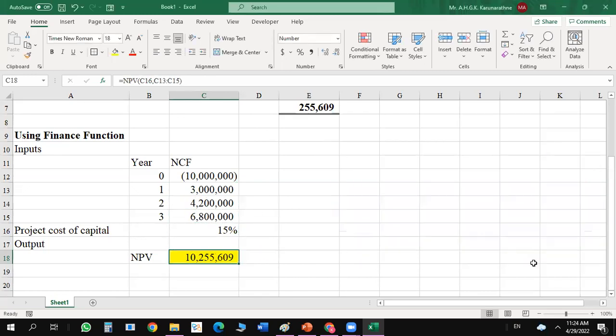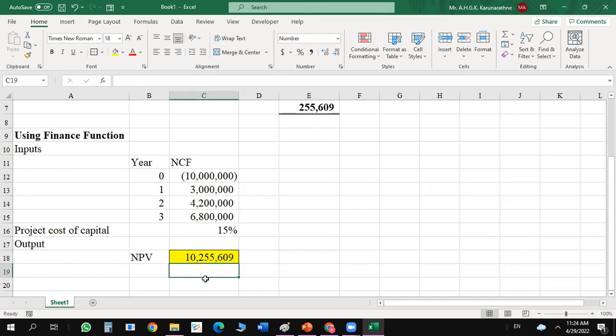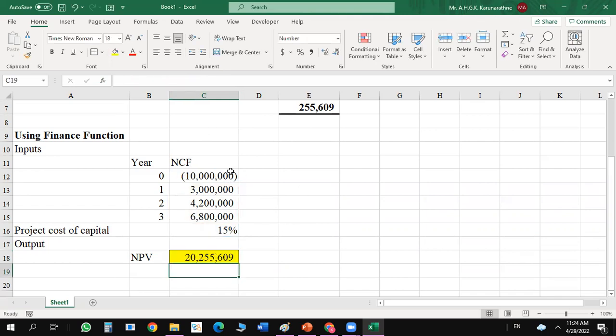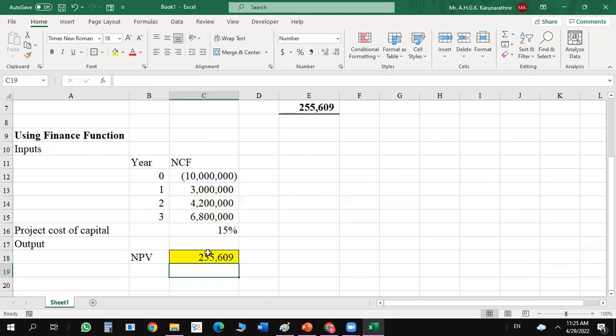Then say okay. Then from this, check it. Then separately incorporate initial investment as a minus figure, right? Then click OK. Why is there a positive figure? Because the minus figure I ended as minus, so you can add, because this is a minus figure, right? Enter. You can see now it is equal.